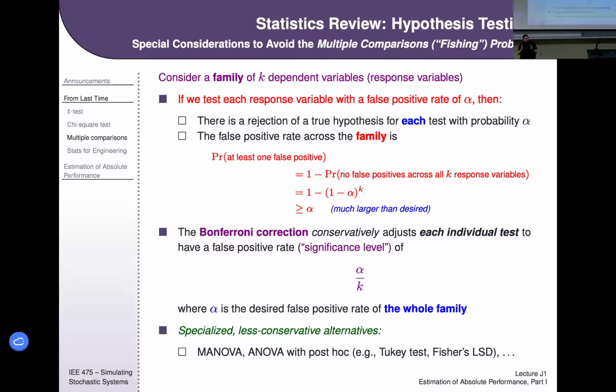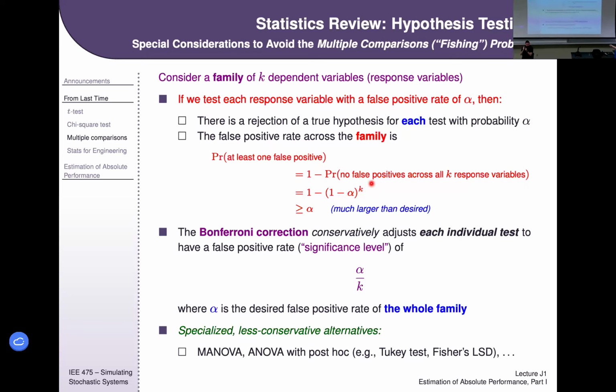Well, the probability of at least one false positive is just 1 minus the probability of no false positives. And we know the probability of no false positives across all your response variables is just 1 minus alpha. And then because there are k tests, k outputs, that's raised to the k.